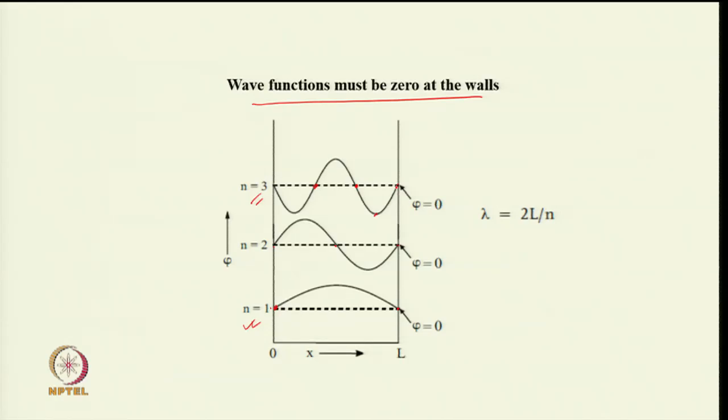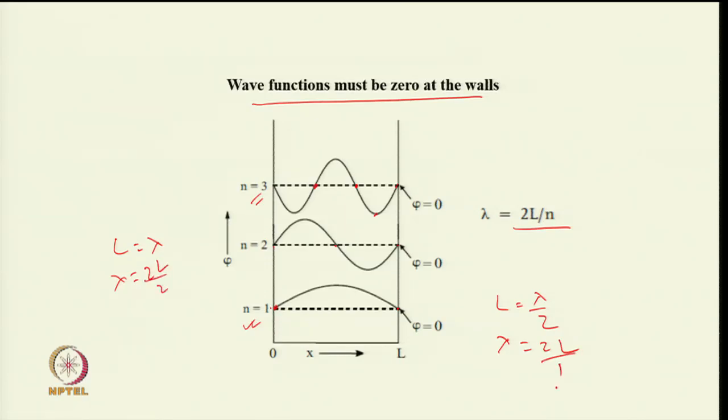If you look at the wave functions, you will be able to get that the wavelength should be equal to 2L divided by n. So, if n is equal to 1, then lambda is 2L, since L is equal to lambda by 2 in this case. In the second case, L is equal to lambda, or lambda is equal to 2L by 2.